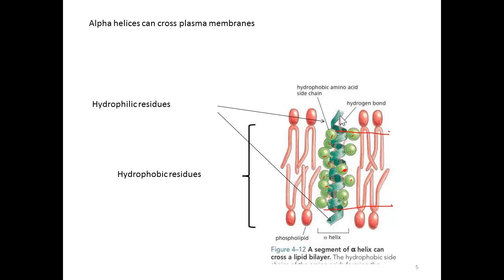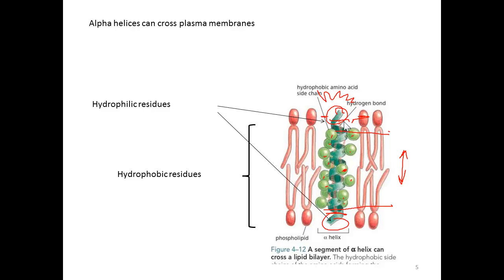Another thing to point out is that the amino acids above and below those 20 will often be hydrophilic, because they're interacting with the hydrophilic heads of the lipids and also the aqueous environment out here. And this sort of anchors the protein. Let's imagine what happens if you're moving the peptide either up or down here.